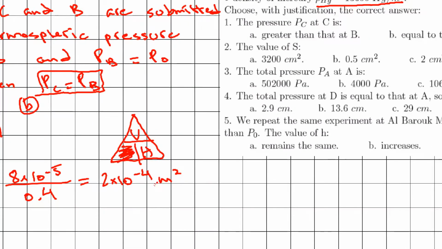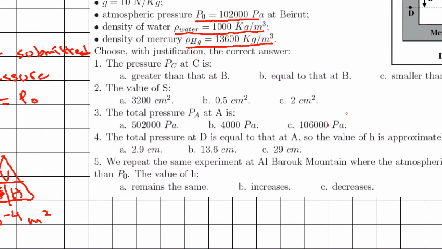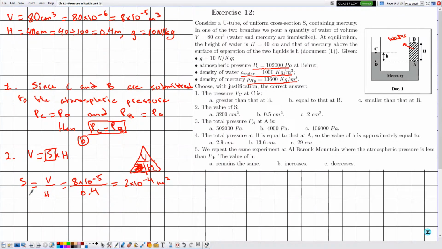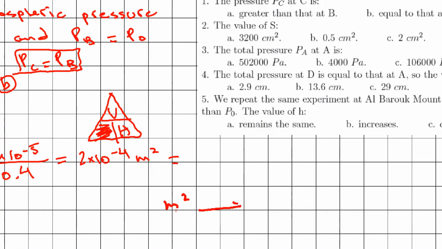Notice that because V is expressed in meter cube and H in meters, the unit of S is meter cube divided by meter, which is equal to meter square. But all of the given values are in centimeter square, so in order to compare the calculated value of S with the given values, we need to convert from meter square to centimeter square, which is done by multiplying by 10 to the power 4.